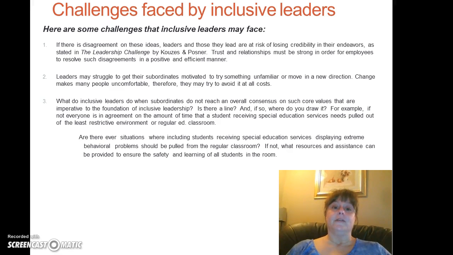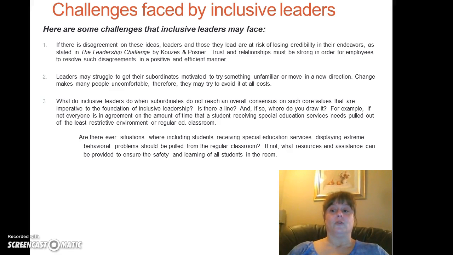For example, if not everyone is in agreement on the amount of time that a student receiving special education services needs pulled out of the least restrictive environment or classroom, how is that situation to be handled? And are there ever situations where students receiving special education services displaying extreme behavioral problems should be pulled from the regular classroom?